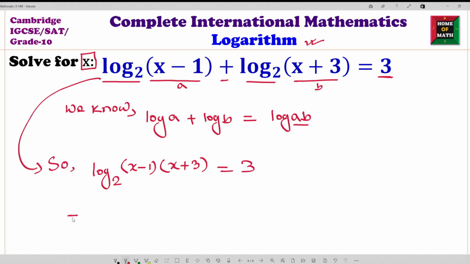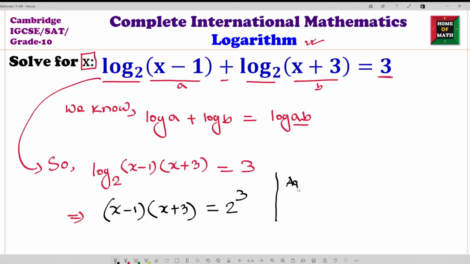Now what is the next step? This one we can write as (x minus 1) times (x plus 3) equals 2 to the power 3. But how?